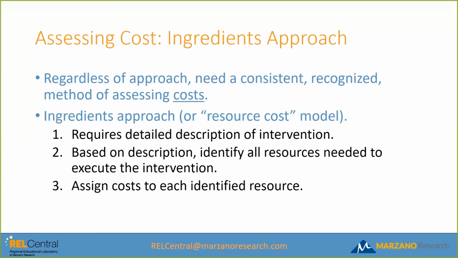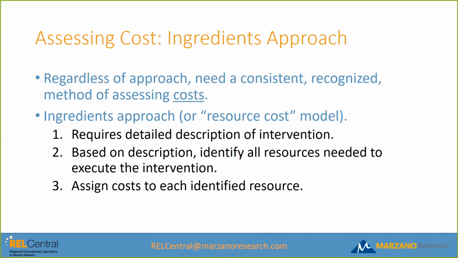Okay, great. Now that we've run through the three approaches, we wanted to talk about how to assess the cost of an intervention, regardless of which approach you use. What we're recommending, based on what researchers have done nationally, is a really consistent method known as the ingredients approach.